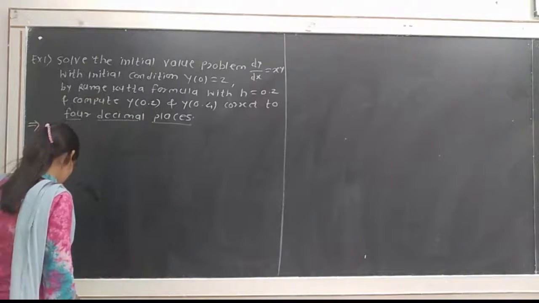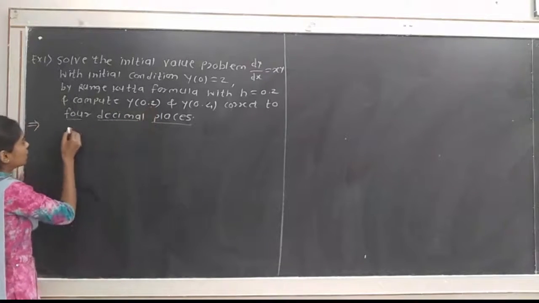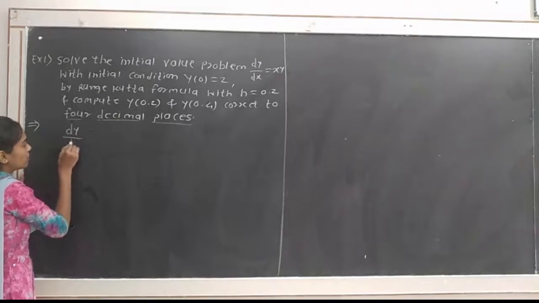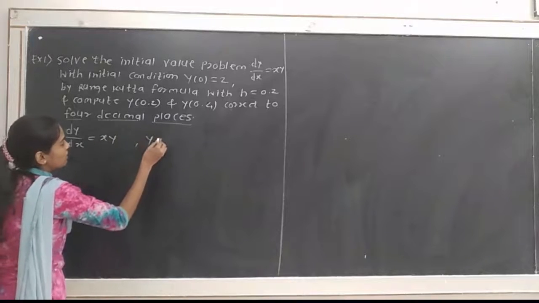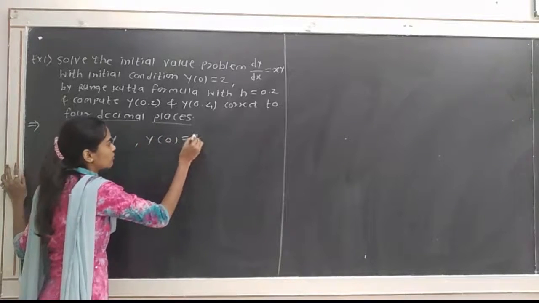I write here the given initial value problem: dy by dx is equal to x into y, with the initial condition y of 0 is equal to 2.